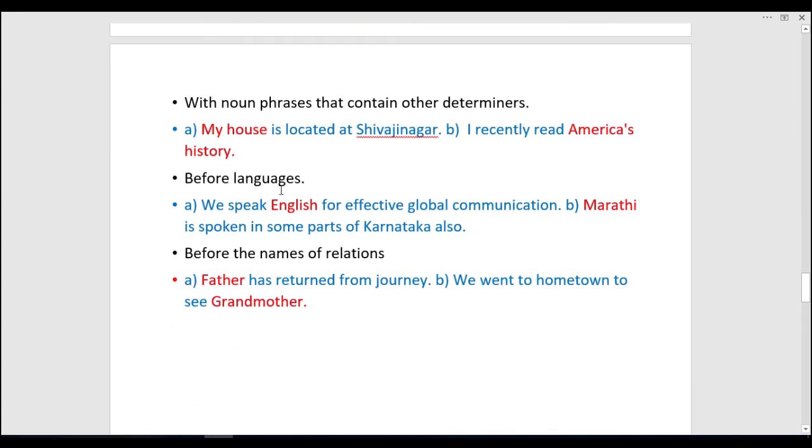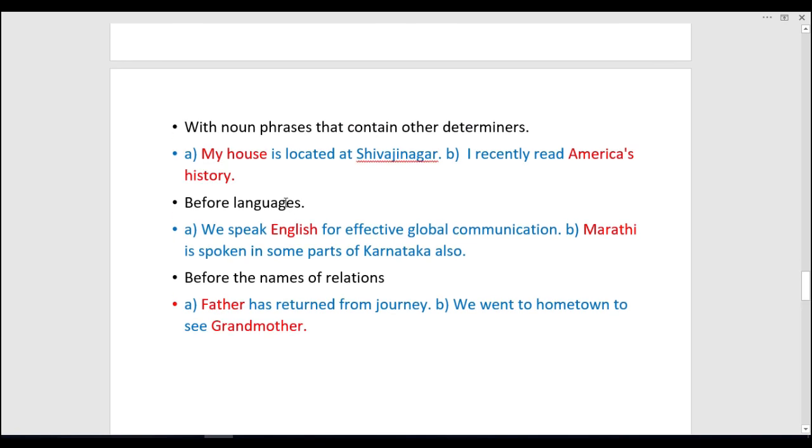Next one, before languages, we omit the before languages. For example, we speak English for effective global communication. Next example, Marathi is spoken in some parts of Karnataka also.